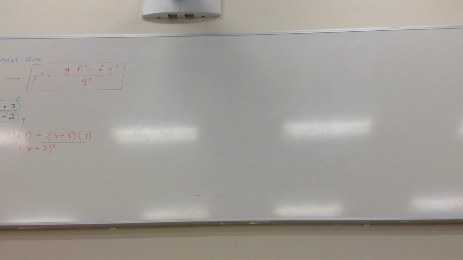And then if we can simplify the numerator, we need to do it. (x minus 2) times 1 is x minus 2, minus (x plus 3) becomes minus 5 over the denominator. No need to expand the denominator, okay? So that's it.